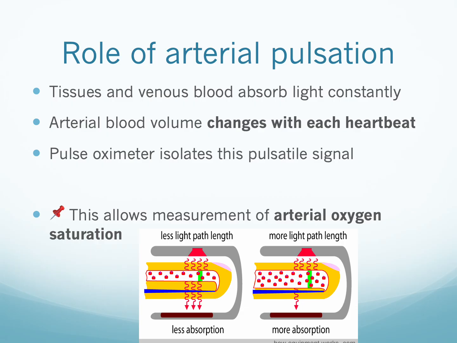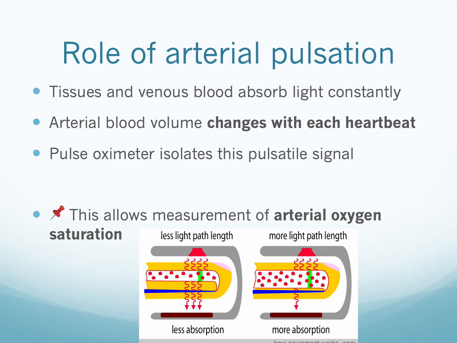So arterial pulsation, the tissues and venous blood are those constant absorbers, whereas the arterial blood volume will change with each heartbeat. So the pulse oximeter is able to isolate the pulsatile signal by noticing the difference between the background absorption and the absorption with the pulsatile signal.